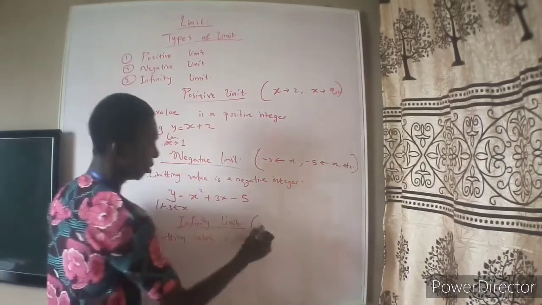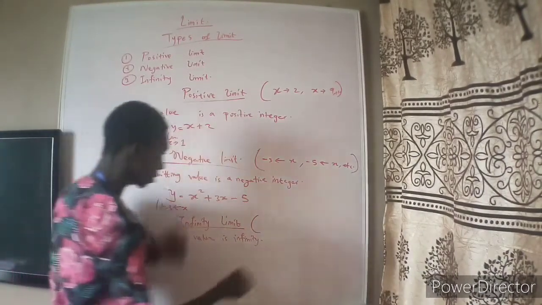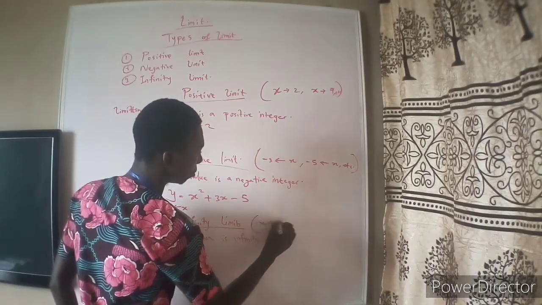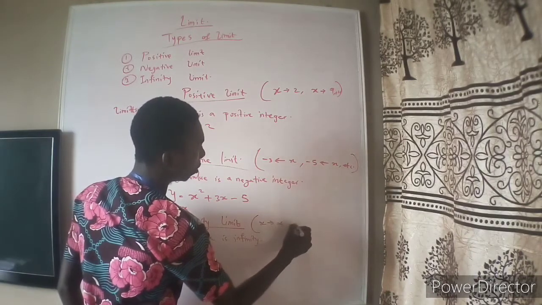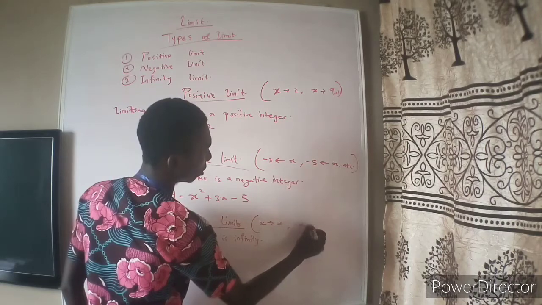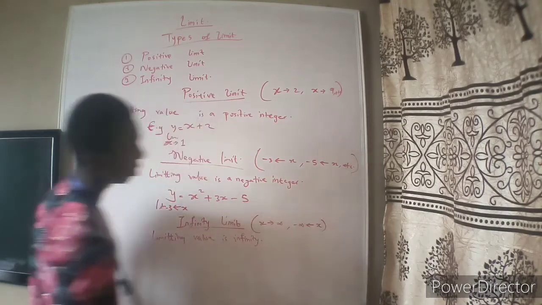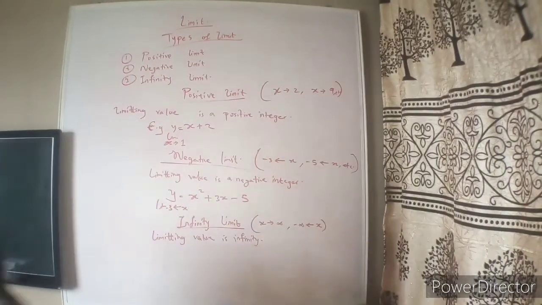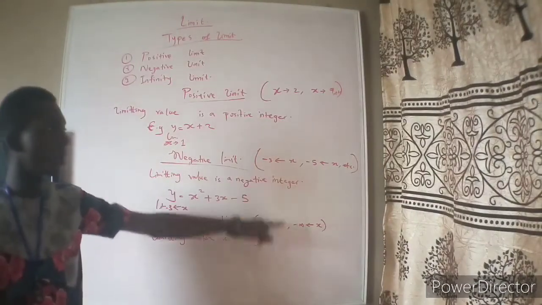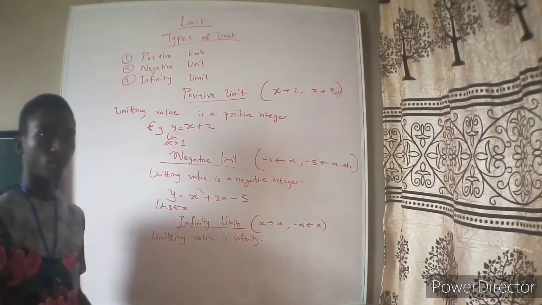So infinity can be positive or negative, either way. So I can say x tends to infinity or minus infinity, x tends to negative infinity. You see I still apply this. So that's where it is.